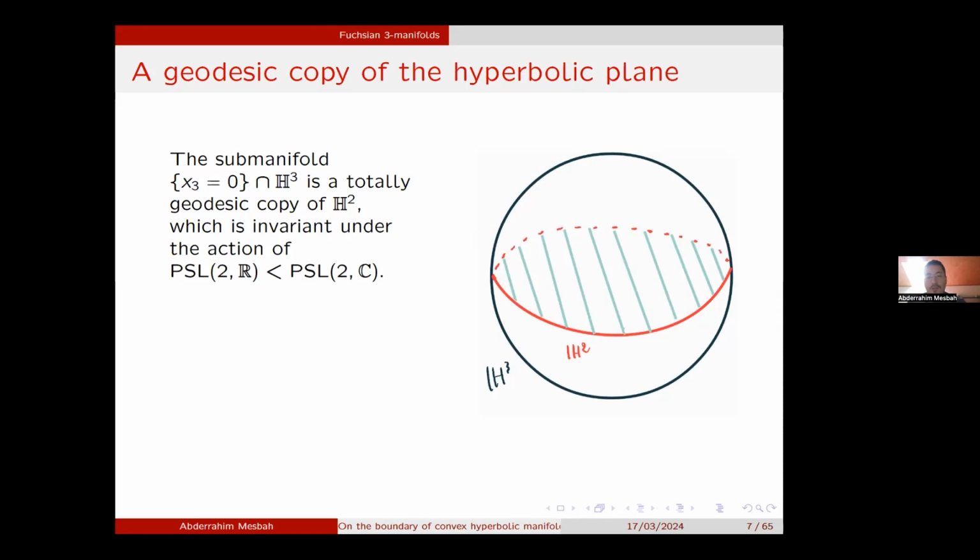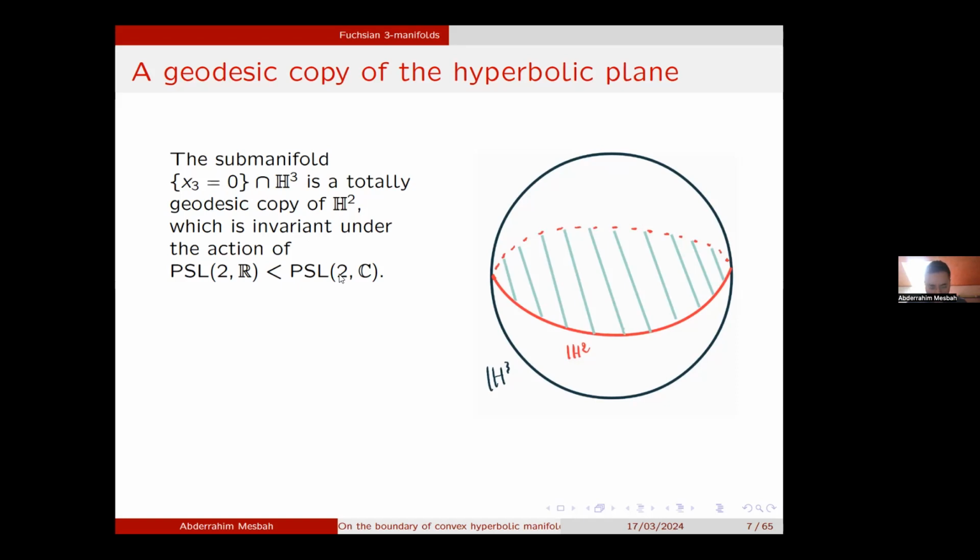The hyperbolic plane, we can define it in the same way as we defined the hyperbolic space. We just take 2 coordinates instead of 3. And when we take a plane like this, for example x3 equals 0, inside the hyperbolic space, the metric of the hyperbolic space induces a metric on this plane that makes it isometric to the hyperbolic plane.